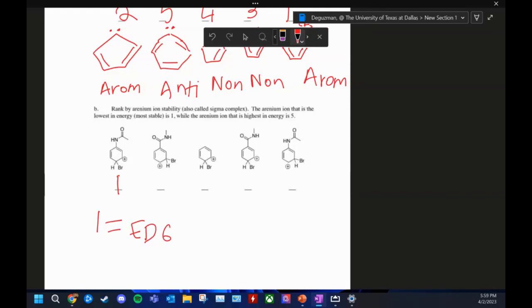Do we see anything more stable, or is that our most stable one? Okay, let's take a look at the next one. Do we have a number 5?